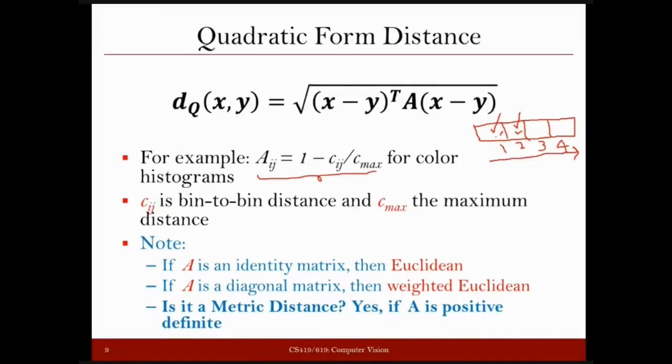The similarity between this bin and this bin will be more, but between this bin and this bin, it will be slightly less. If you compare this bin with this bin, it will be still less. So we want to define these weight values here with the help of these distances.